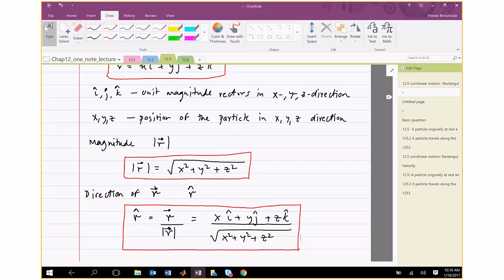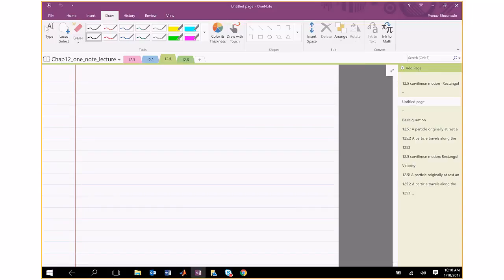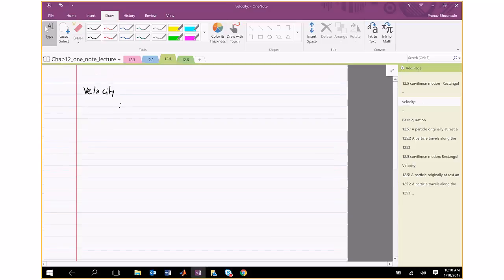Velocity: V is the rate of change of position, so I need to do dr dt, and that's going to be x dot i plus y dot j plus z dot k.